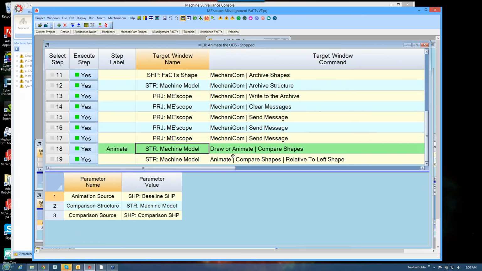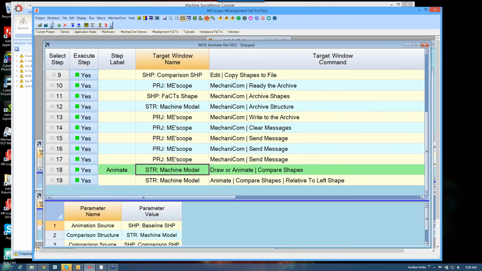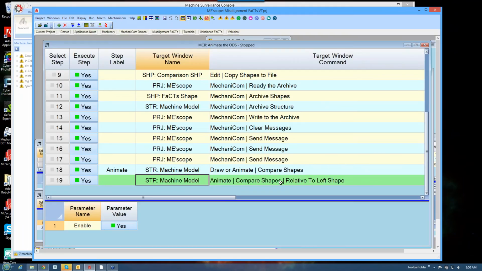So that's an Emiscope command that says start the comparison animation in the machine model, and then secondly, scale the comparison shape relative to the left shape, which is the baseline shape. So that's what's going to happen.